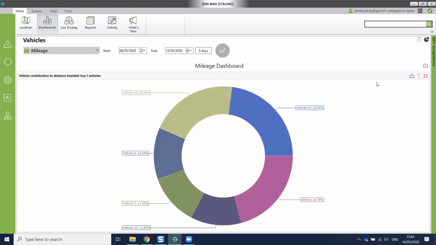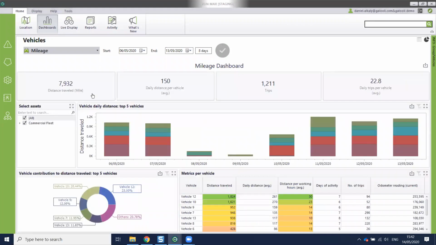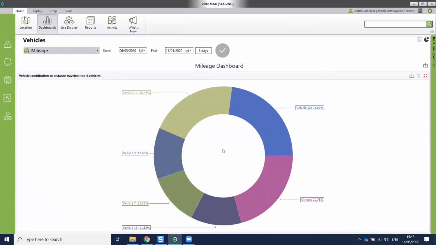If I take the entire distance covered as 100%, this is the contribution of each vehicle to that 100%. So if the 100% was 7,932 kilometers, then vehicle 12 traveled 23% of that, vehicle 10 traveled 20.44% of that, etc. This gives a good indication of which vehicles are traveling more than others in terms of their productivity.